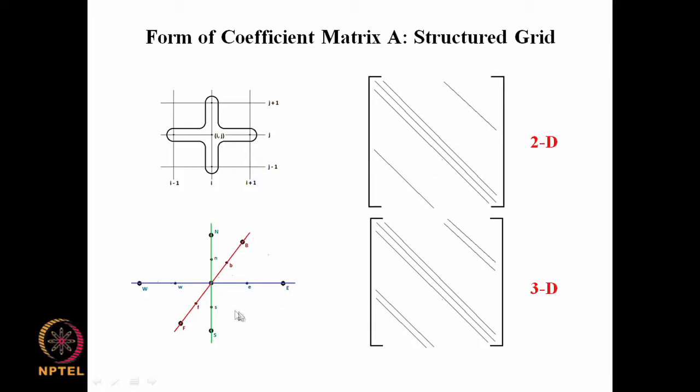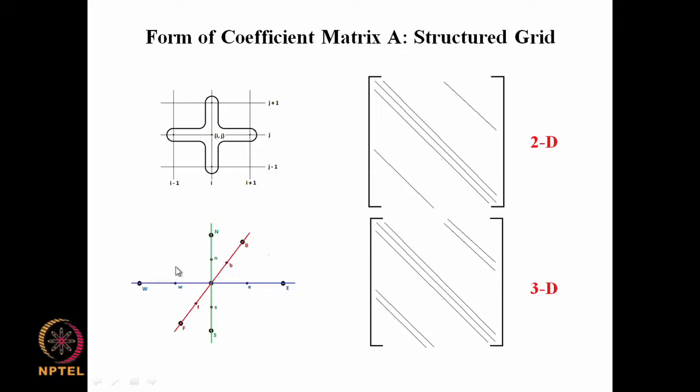In the case of 3D where you are looking at a point here, you have an east neighbor capital E, west neighbor capital W, north neighbor capital N, south neighbor capital S, a back neighbor capital B and a front neighbor capital F. You can make up a control volume around this which extends half grid distance in each direction, so that you have a north face here, east face here, south face, west face, front face and back face.